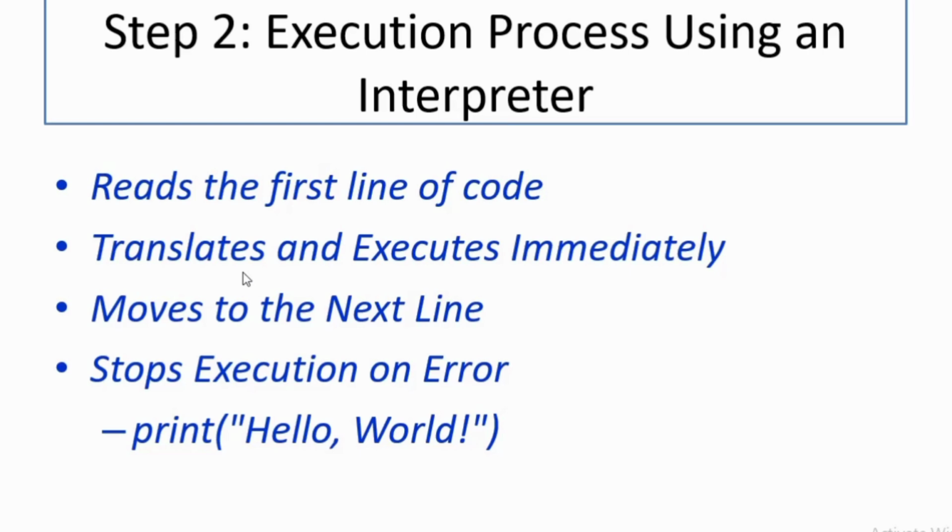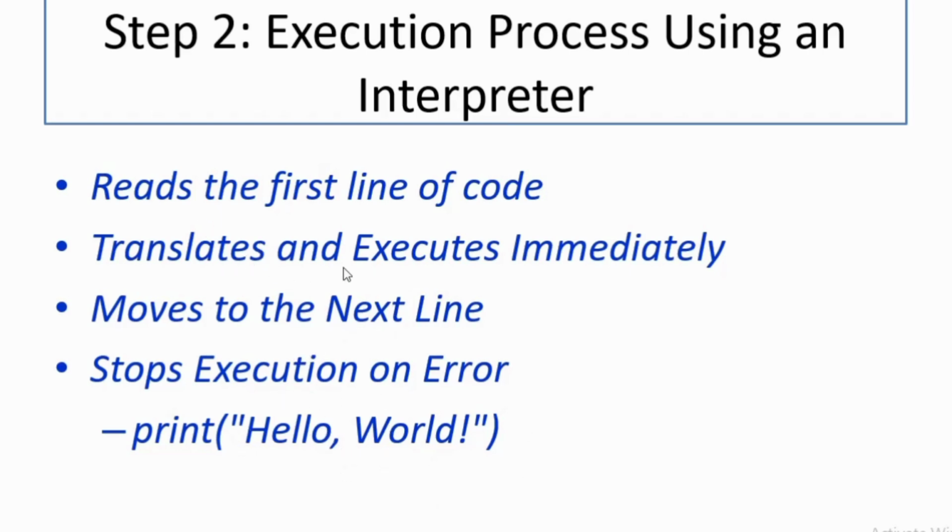In the second step, how an interpreter works step by step, the execution process using an interpreter. The first one is read the first line of code, next translate and execute immediately, move to the next line, and last, stop execution on error. So first, it reads the first line of the code: the interpreter reads print hello world.